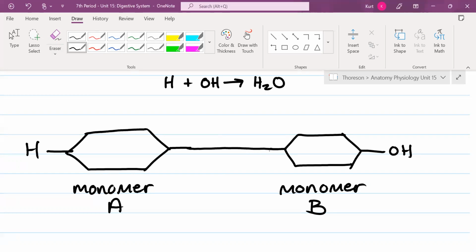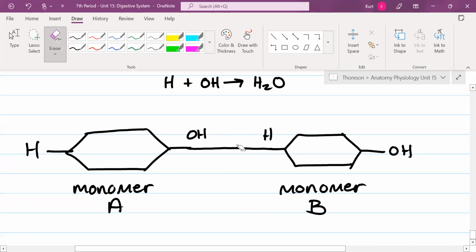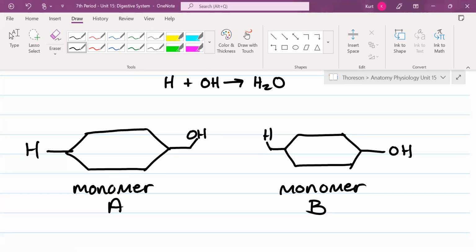You add water. And so what happens is you introduce OH here, and you introduce H here, the bond breaks, and it reconnects with those original ions. And so now I have two individual monomers again. That is hydrolysis. You are splitting, hydrolysis, water splitting. Water splits the two molecules apart.